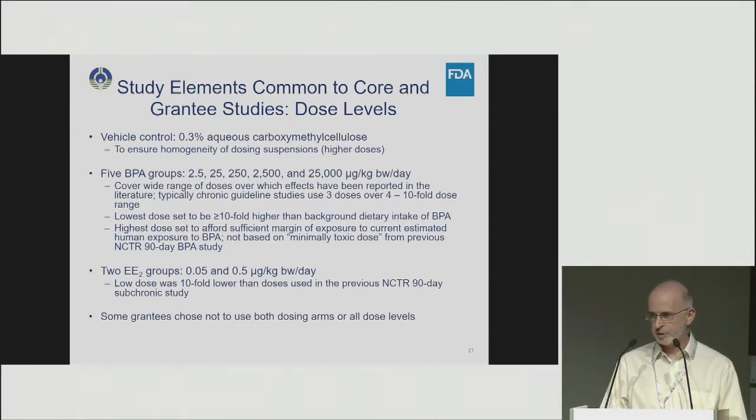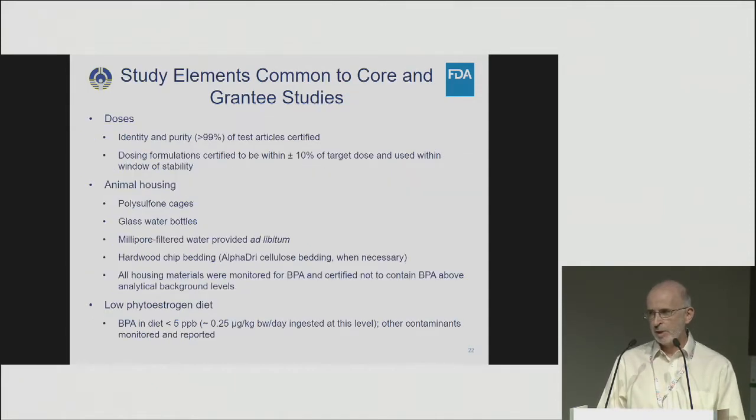Okay, so we did do, for all the studies, identity and purity of the test articles. We certified the dose formulations. We used the same animal housing and monitored BPA levels in those cages, bottles, etc. And we used a low phytoestrogen diet, and again monitored the BPA and set less than 5 parts per billion as a requirement.